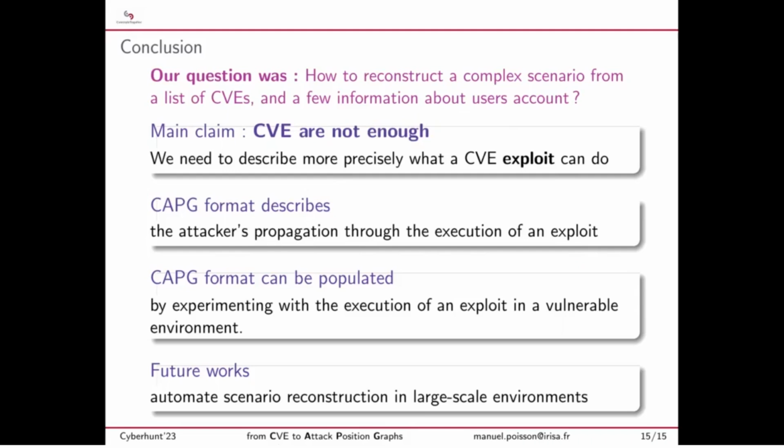So to answer this challenge, we proposed a format called CAPG to describe the attacker's propagation through the execution of multiple exploits. We propose a way to populate these formats by experimenting with the execution of exploits in a vulnerable environment under different conditions.